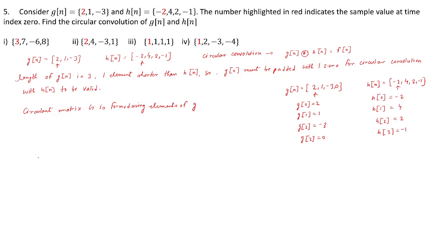Okay, so what is the structure of the circulant matrix of G? I think you can already guess if you have seen the previous problems we have solved. It's going to be like this: G0, G1, G2, G3.